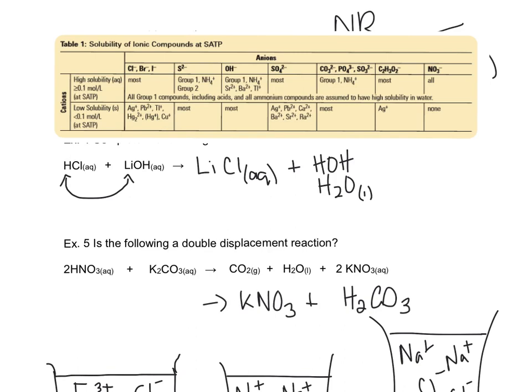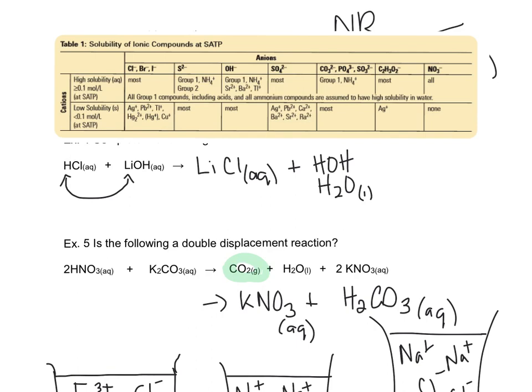So if we look at this, we're going to find potassium nitrate, of course, soluble, AQ, carbonate, group 1, and ammonium, or AQ. Everything else is solid, but hydrogen's group 1. So we would write AQ, AQ. So we would assume right off the bat that this was a case of no reaction, but it's not, because we form a gas.